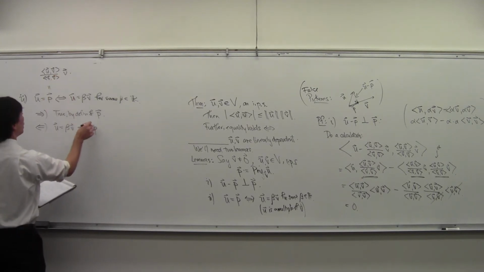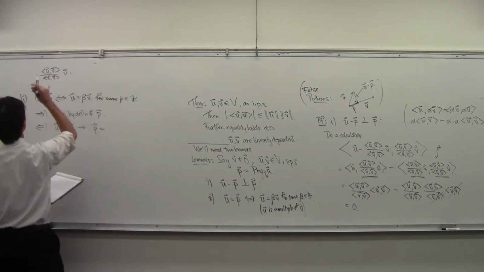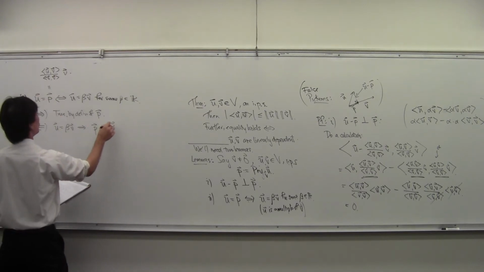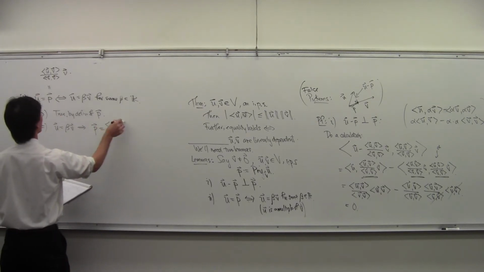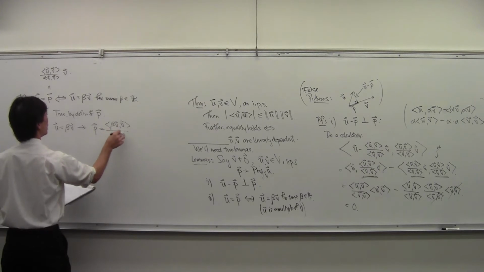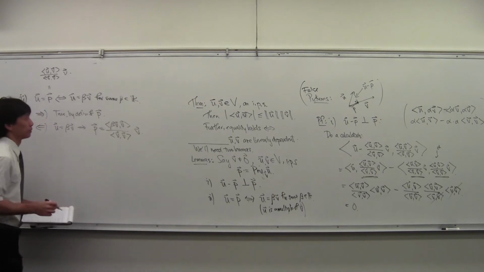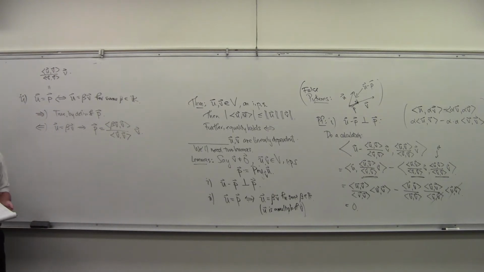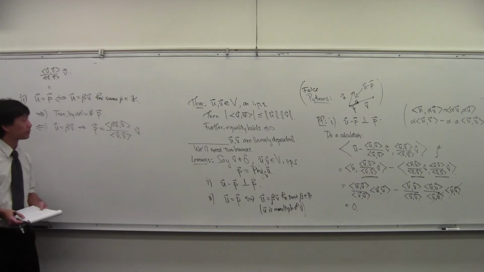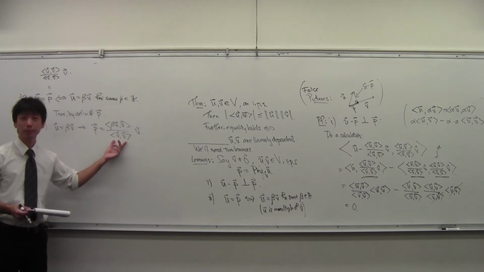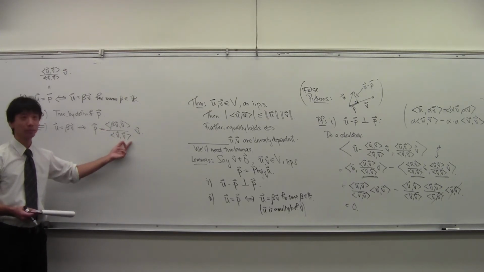Then P, the projection, is going to be the inner product of U and V over the inner product of V and V, times V. Right? What are we going to do? What do we do next? Nico?